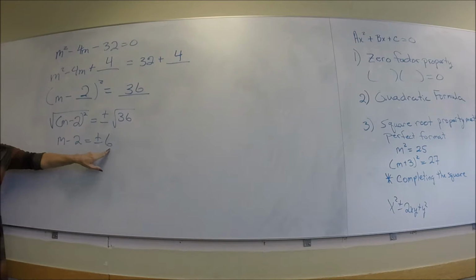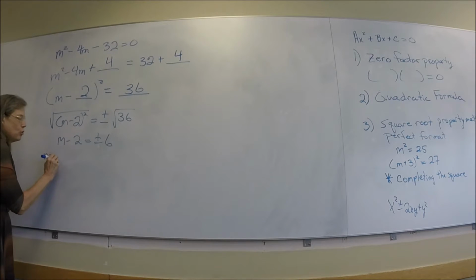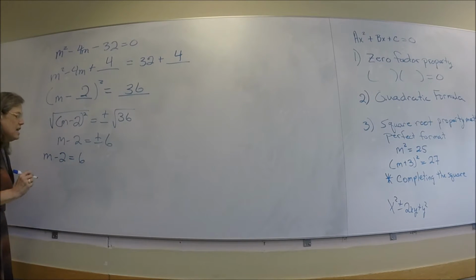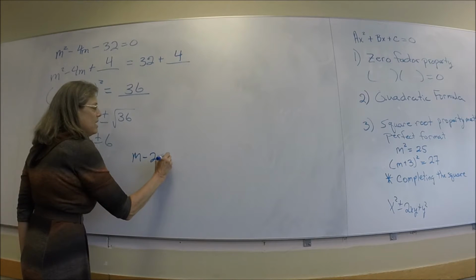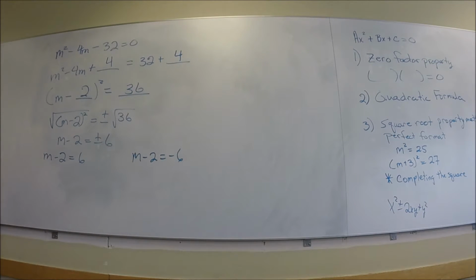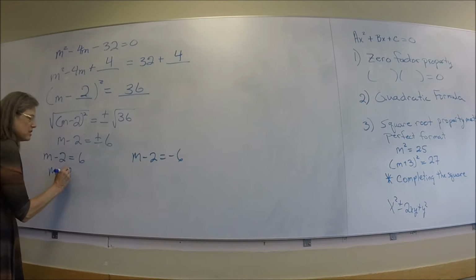So anytime you get a whole number over here, so there's not a radical sign and there's not a 9, you've got the whole number, split it out right then and there. Make it into 2 equations. M minus 2 equals positive 6, and M minus 2 equals negative 6. Make sense? Okay? And now we can go ahead and finish this up.